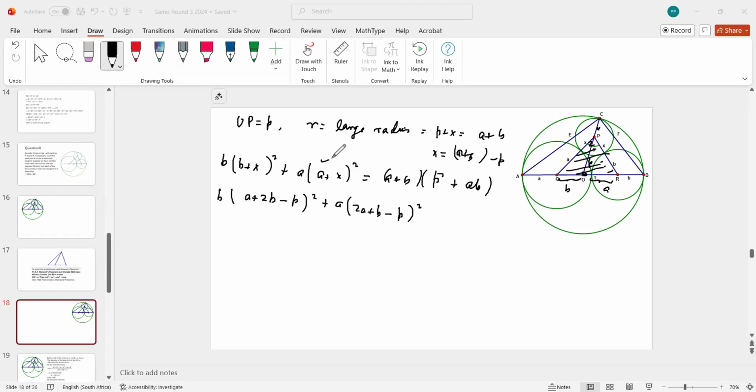I've simplified that, substituted that, and here there's nothing to substitute. You got A plus B into P squared plus AB.